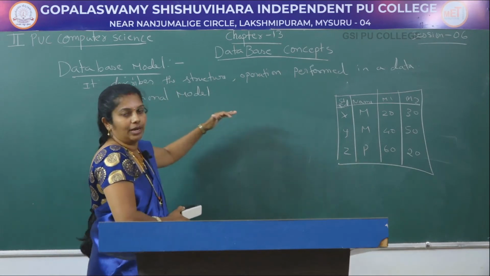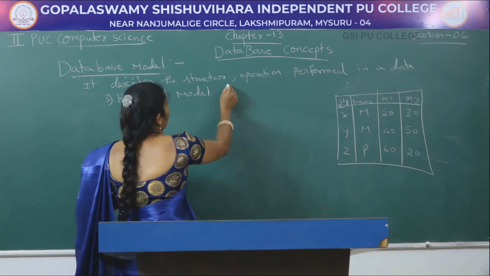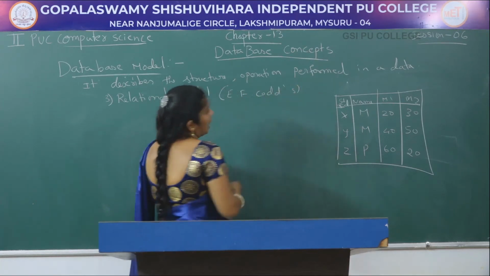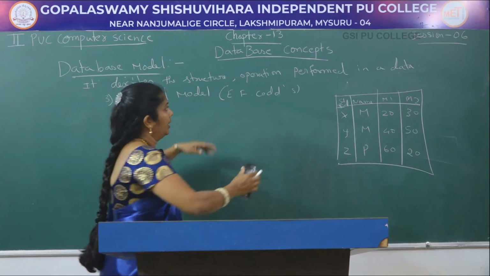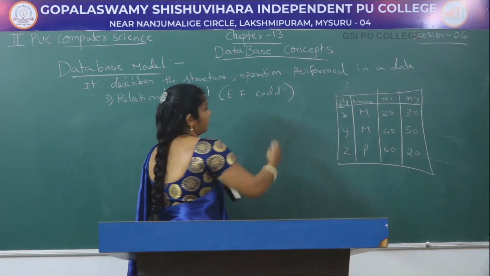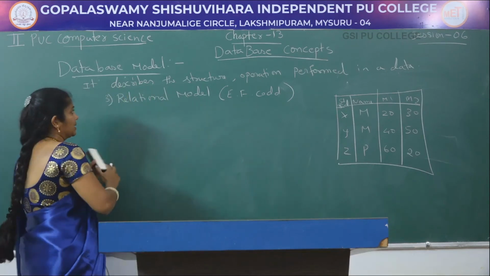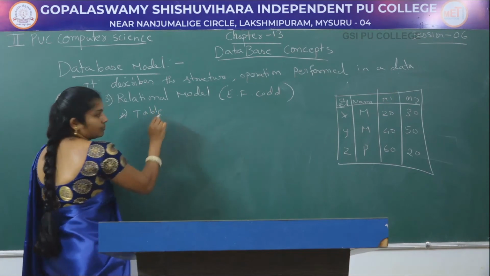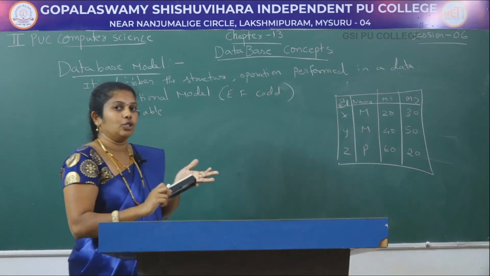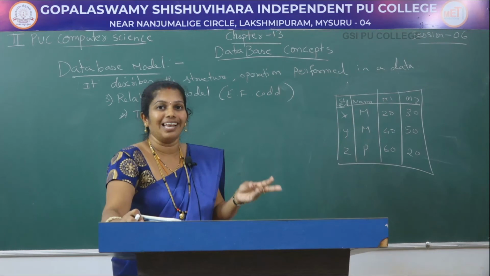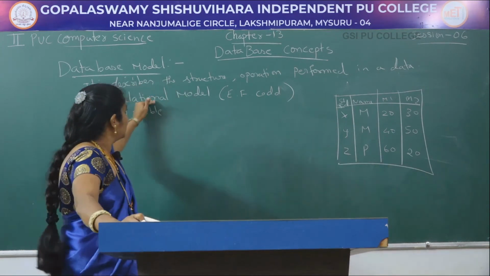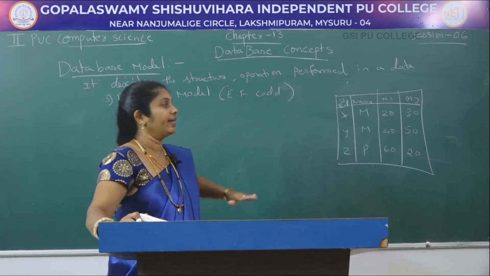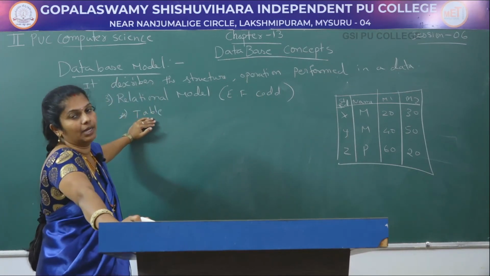Then this relational model was developed by E. F. Codd, and all the data are arranged in table format here. In the hierarchical model, what format was it? Tree format. In the network model, graph format. Whereas in the relational database model, the records and information are all arranged in the format of a table.